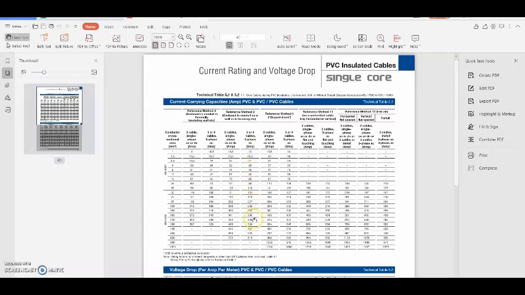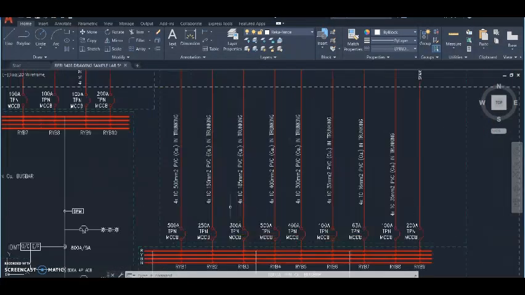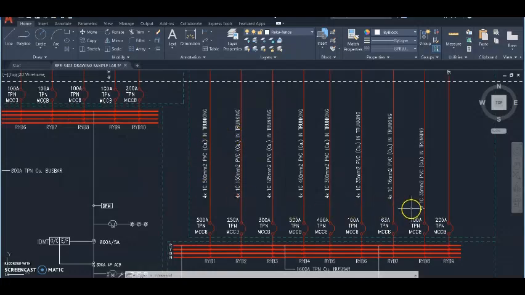Remember that IZ must be greater than IN. So if IN is 500, we must choose 533 ampere, and then the cable size is 500 millimeters. This method is applied for all the cables that we want to choose.